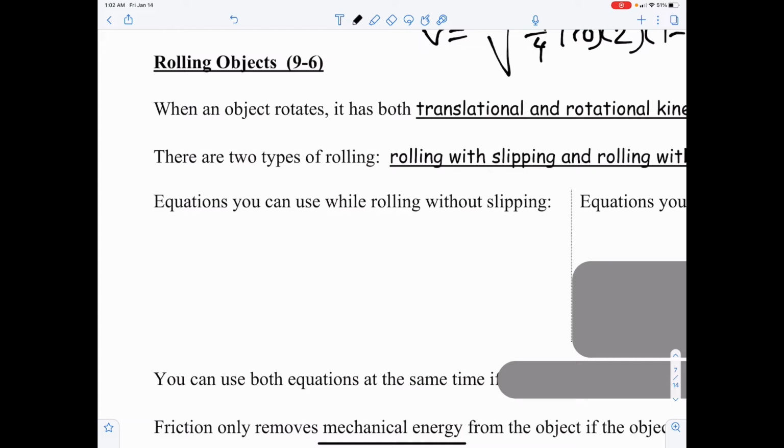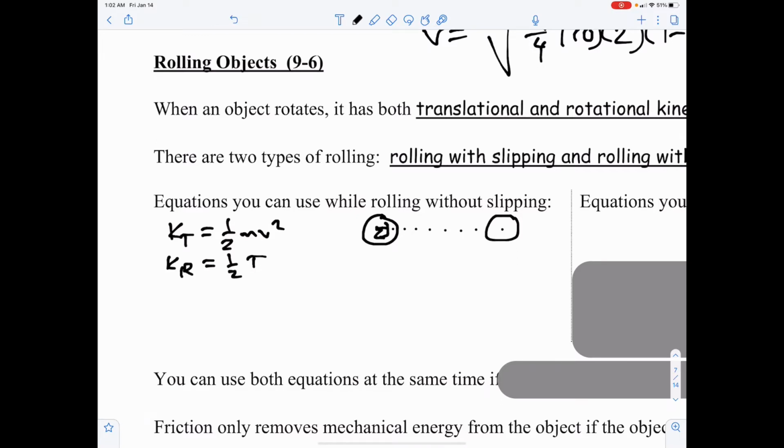Well, what's going on? You have translational kinetic energy, which is 1/2 mv squared, because as a wheel rotates like this, the center of mass moves from one spot to another spot. But the wheel is also rotating at the same time, so you also have 1/2 I omega squared. You have both of them.